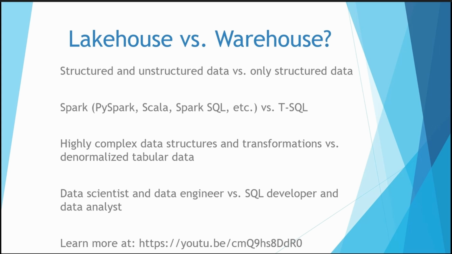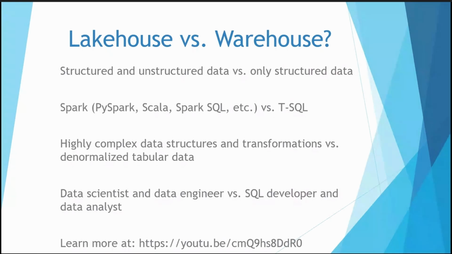If I've got highly complex data structures and transformation, like intricate JSON blobs, okay, it's probably a Lakehouse thing. But if I've got denormalized tabular data columns, that's a warehouse thing. And if my team is data scientists and data engineers, probably Lakehouse. If my team is SQL developers and analysts, that's probably a warehouse thing.